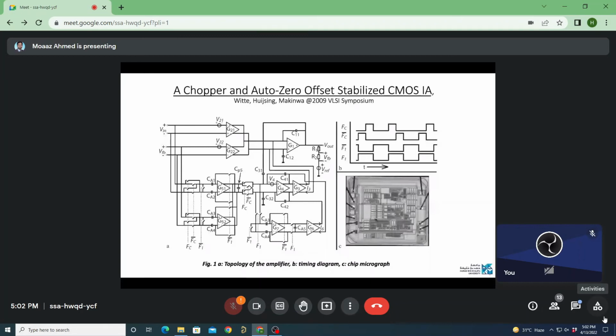So the low frequency path essentially consists of a chopped and auto-zeroed transconductor G51. We are chopping and auto-zeroing this G51, which amplifies V in, and a chopped auto-zeroed replica transconductor G52, which amplifies the feedback voltage.